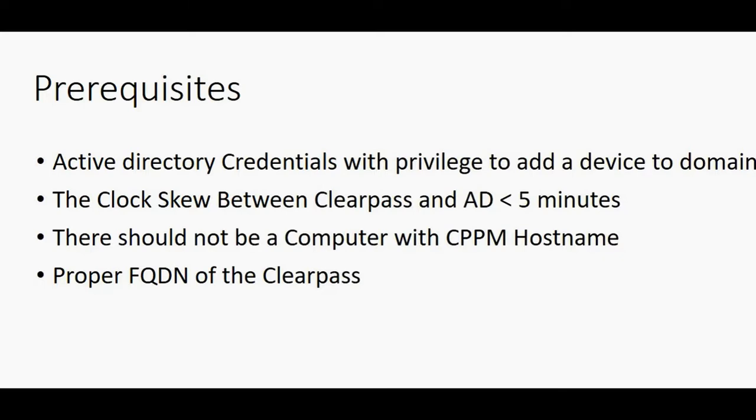We should make sure that there is no computer account in the AD that resembles or is the same as the ClearPass host name. Finally, we need to know the proper FQDN of the Active Directory so that it resolves to the exact Active Directory that we are trying to join ClearPass to.